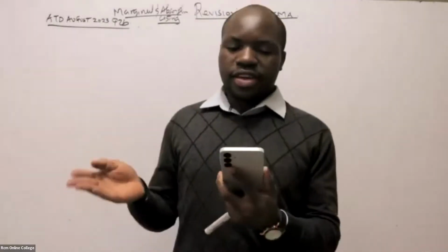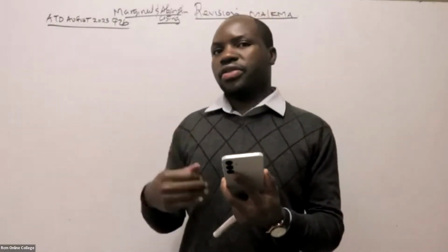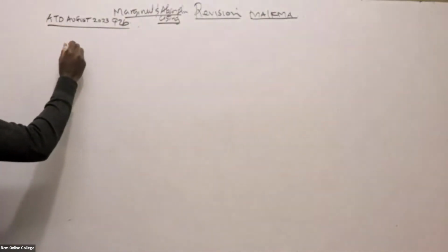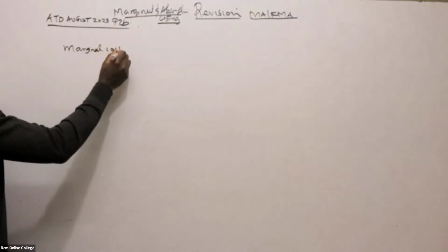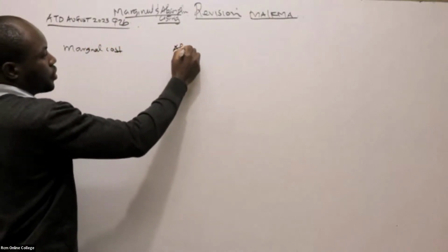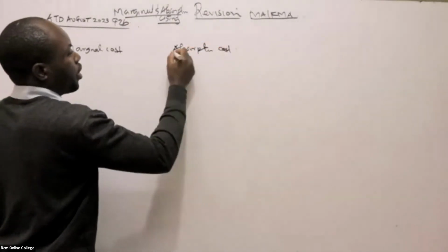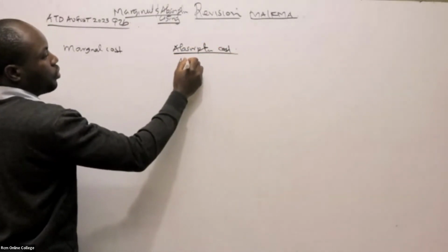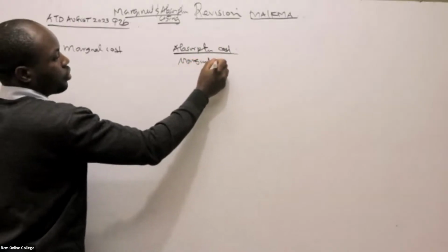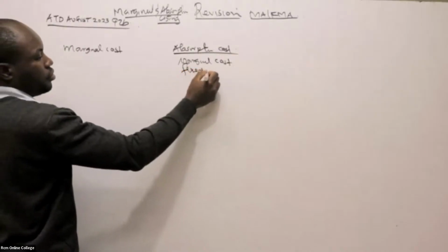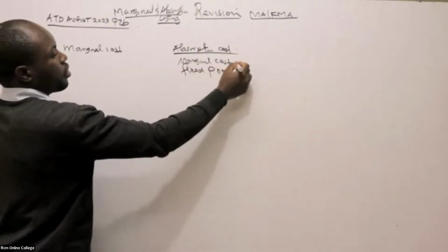Great. So what we need to do first is to get the marginal cost and also the absorption cost, or full cost. So what is our marginal cost here? Absorption cost is our marginal cost plus fixed production overhead.